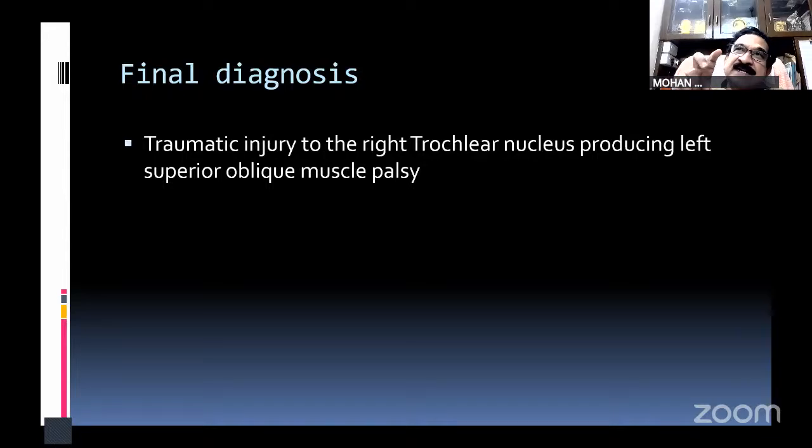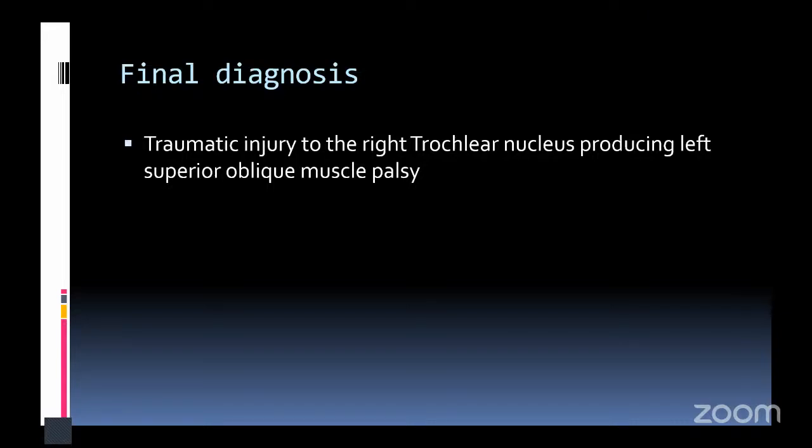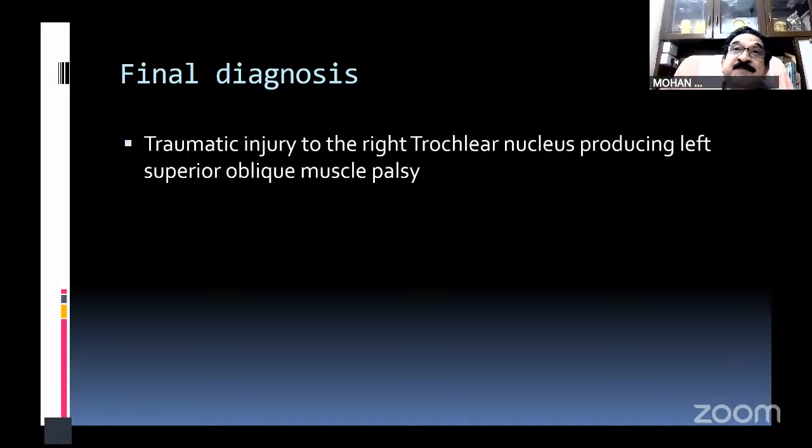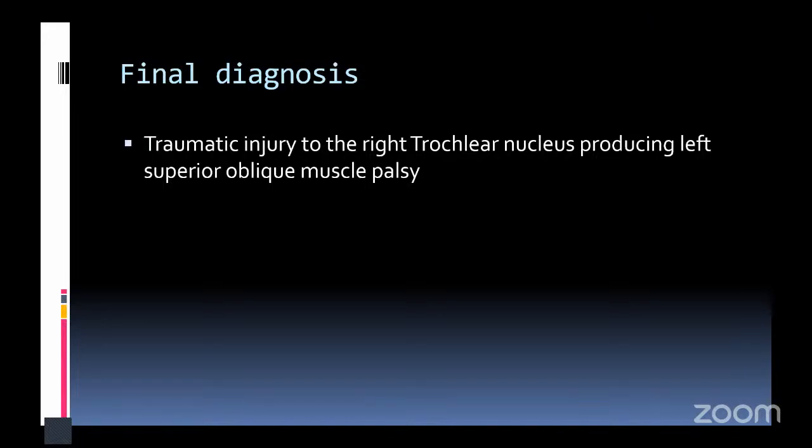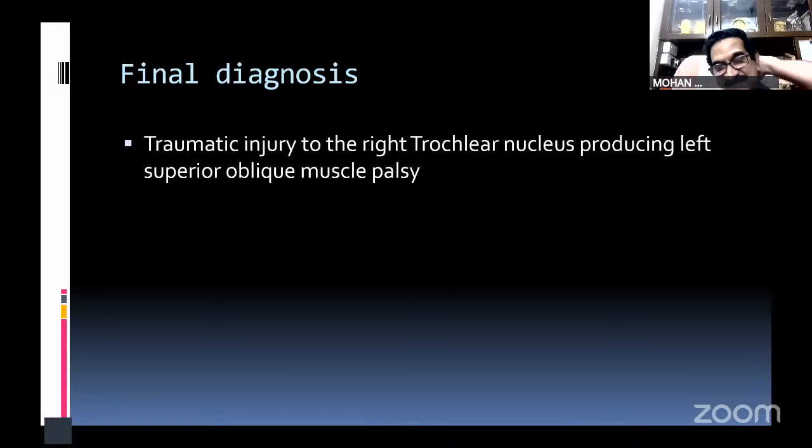The commonest cranial nerve affected post-trauma is the fourth nerve. But that is usually because of involvement of the superior oblique nerve, no? Not because of brainstem involvement. Not because of brainstem, because the nerve is involved. But here it's the brain that is involved. Yeah, it's the brain that is involved. That's a funny thing, because usually we don't find any lesion in post-traumatic trochlear nerve palsy at all.